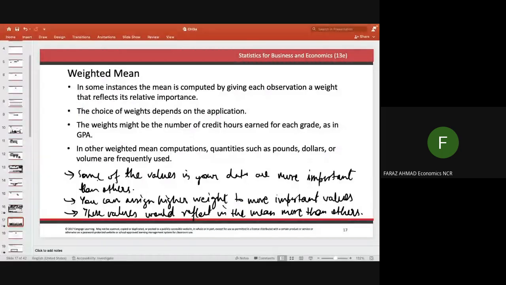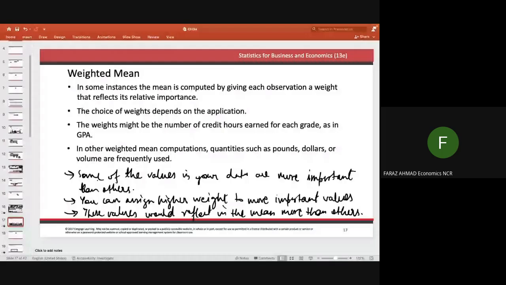The result is that the values with higher weight are reflected more in the mean as compared to the values with less weight. It will be clear from an example. If we take one example, it will become clearer. Let us see what is their example.